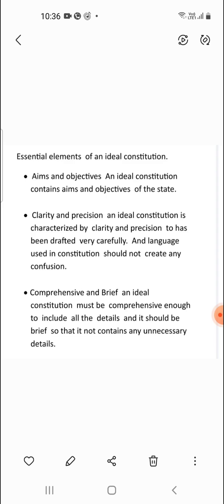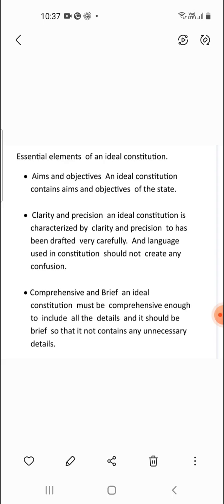Next, fundamental rights. The Constitution contains rights which are very essential for individual development. They are granted to the citizens for their overall development.